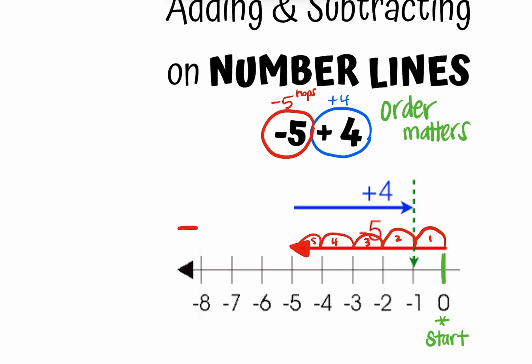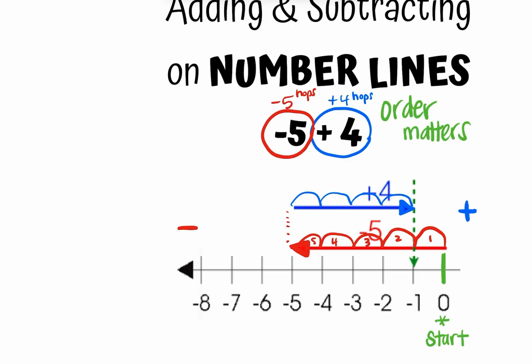These are hops. All right, and then from that point, you can see I move up, and on my number line I'm moving the opposite direction. And the reason I'm moving the opposite direction is simply because now I'm moving in the positive direction. And again, that is 4 positive hops. So I'm starting at that point that I just landed on, and I'm going to hop 1, 2, 3, and 4.